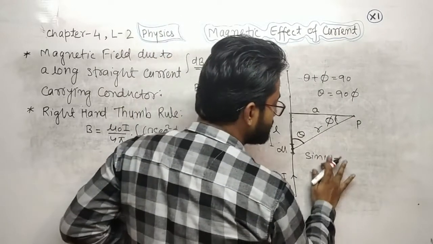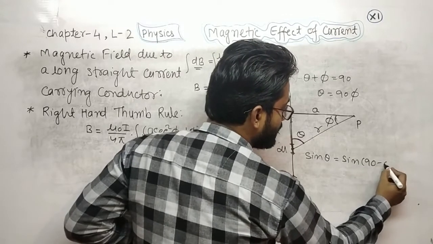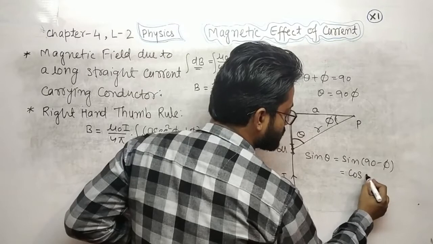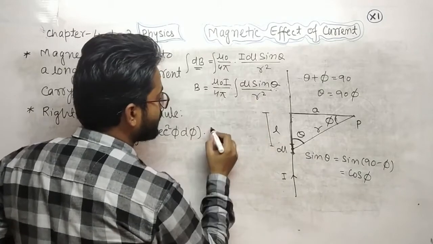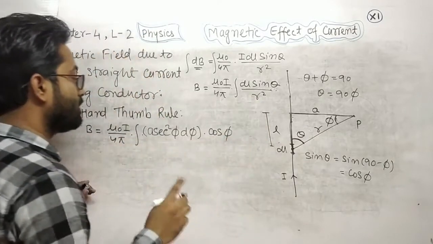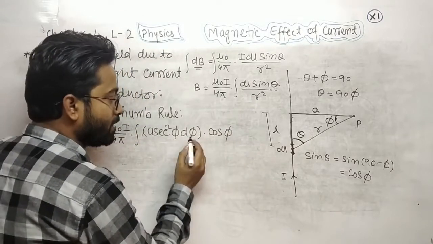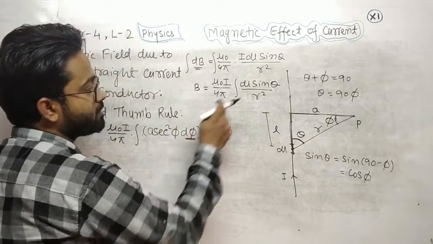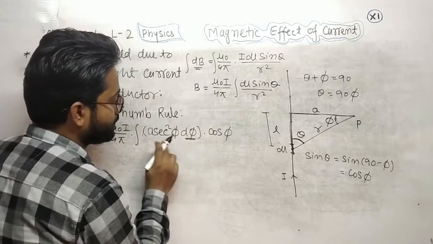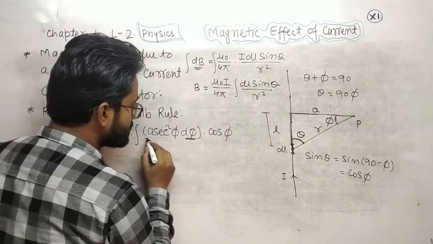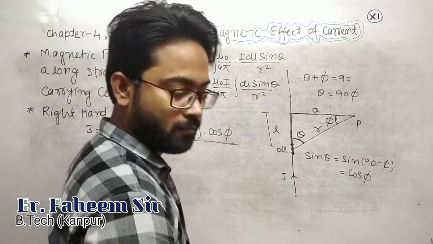Sine theta can be written as sine of 90 minus phi, which is equal to cos phi. So in place of sine theta we can write cos phi. We are converting these variables into a single variable, that is phi. Sine theta is converted into cos phi, and in place of r, what will we write?